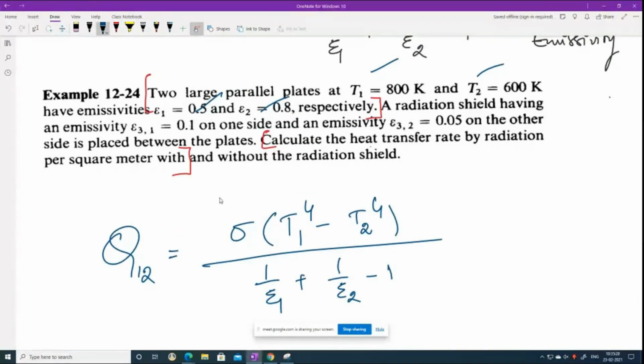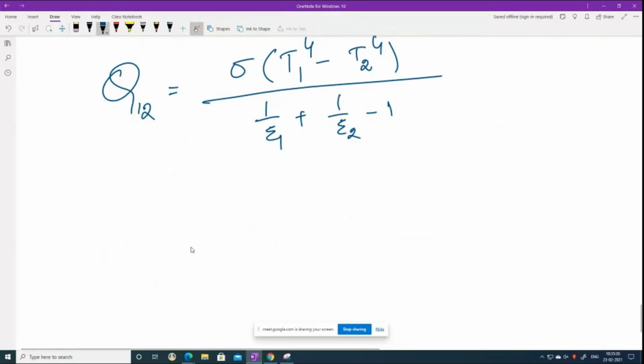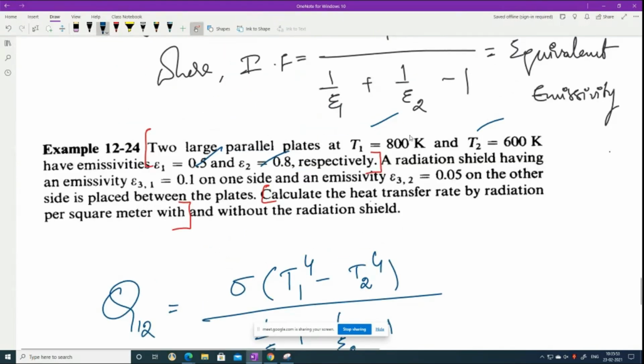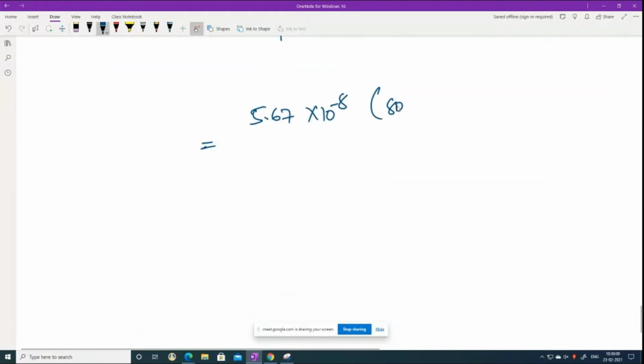What is the sigma value? Sigma is a constant, the Stefan-Boltzmann constant, 5.67 into 10 to the power of minus 8 watt per meter square Kelvin power 4. The T1 and T2 values here are given in Kelvin only, so you need not convert them. You can directly substitute them.